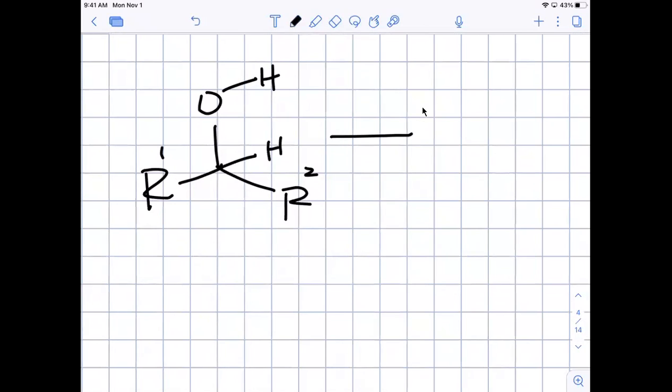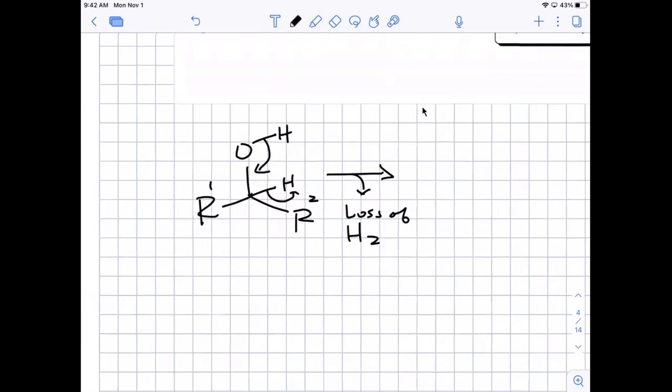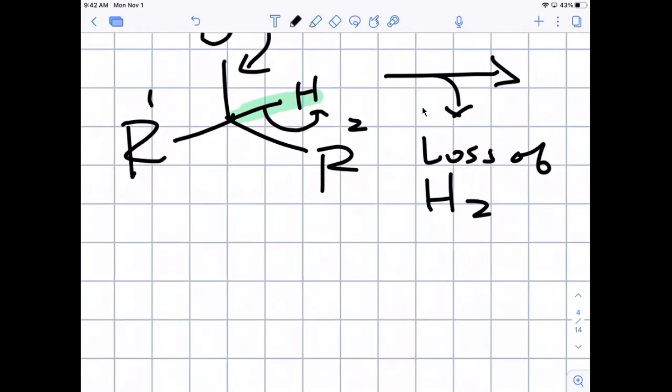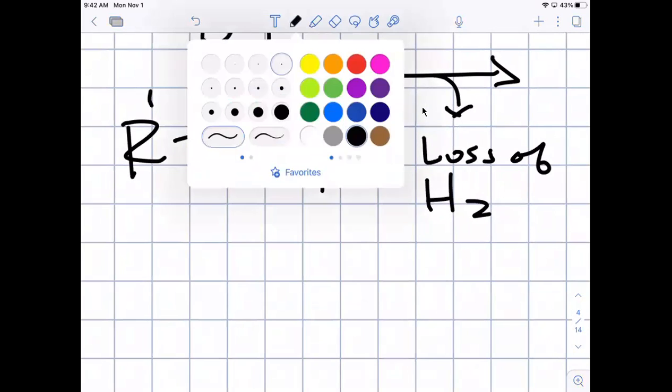In the most generic terms possible, what happens is you lose H2. You end up losing a hydrogen here and here. So that carbonyl proton, remember, I talked about that when we were doing NMR.